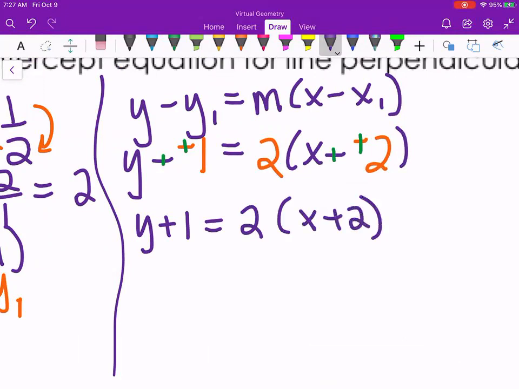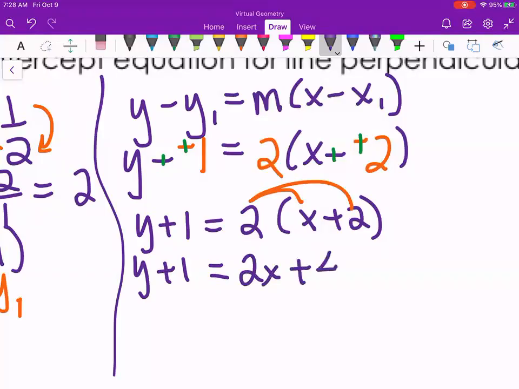All right, so we need to clean this up because our goal is to get that y all the way in front by itself. So guys, leave the y where it is. Before we can subtract away that 1 though, we have to take care of those parentheses. Order of operations says do that multiplication first with your distribution property. So y plus 1 is going to stay there for a moment. 2 times x, 2x. 2 times 2 is 4.